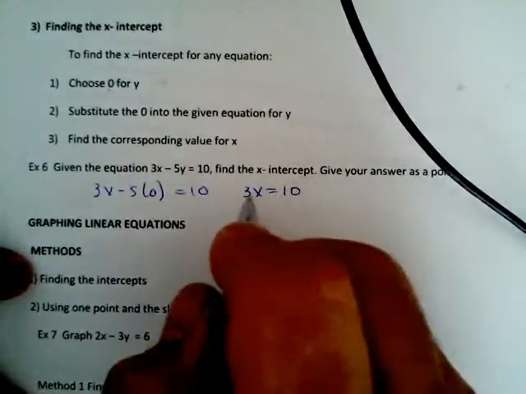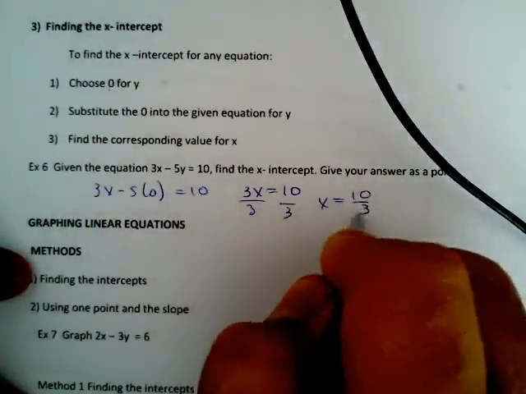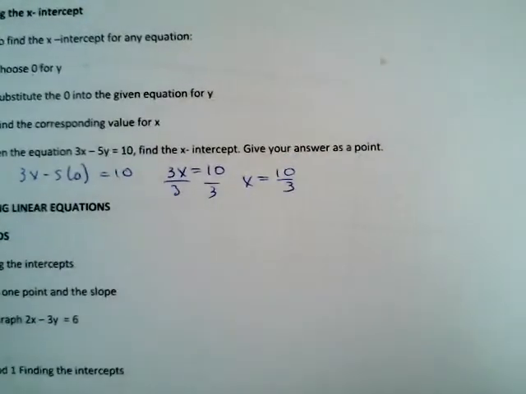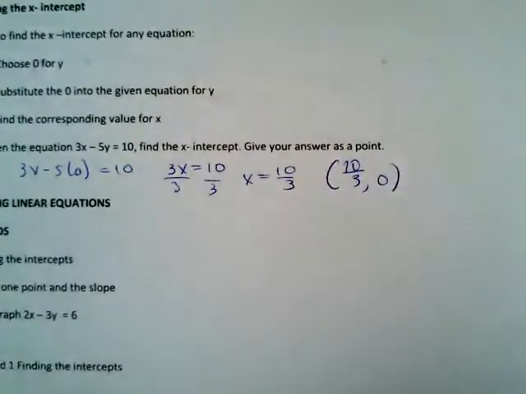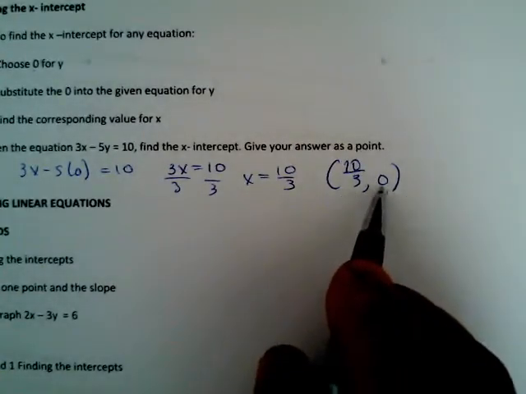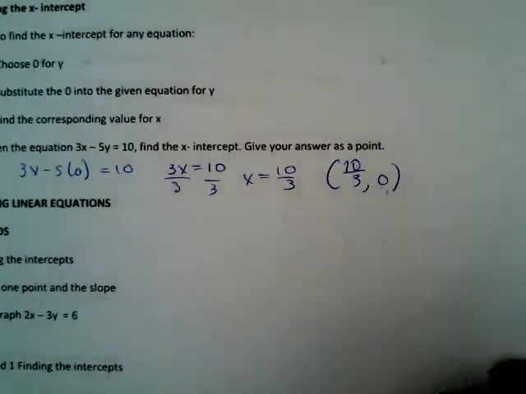I get 3x equals 10, divide by 3. So x is 10/3. And so my x-intercept would be (10/3, 0). So just look at the difference here. X-intercept, the y is 0. The y-intercept, the x is 0. Try not to get that confused.